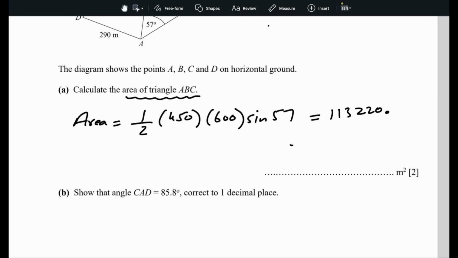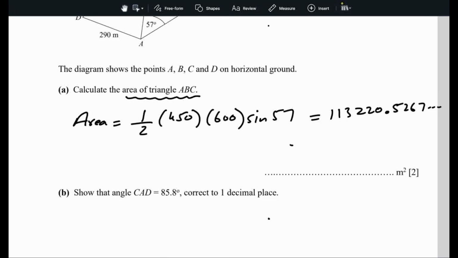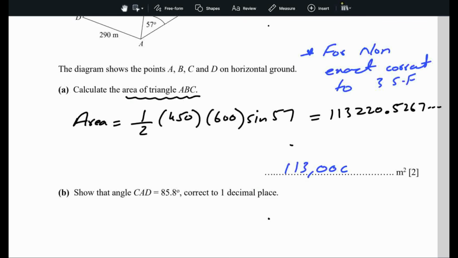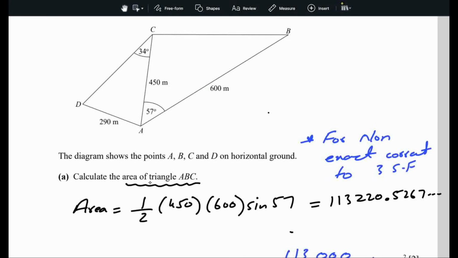For non-exact answers, correct to three significant figures, the final answer will be 113,000 meters squared. Show that angle CAD is 85.8. So CAD means this angle is 85.8.